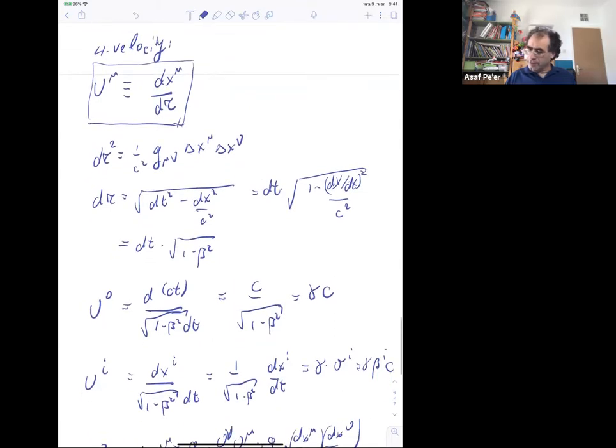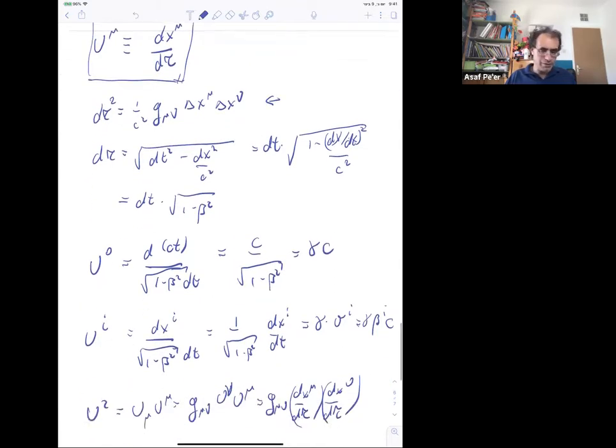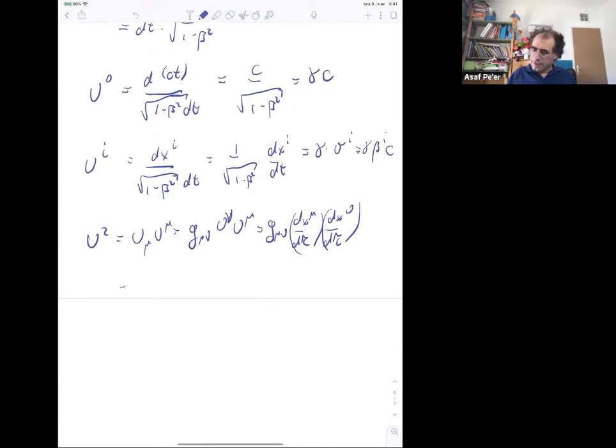Now I'm going to make use of that d tau squared. Simply write it down as g mu nu dx mu dx nu over d tau squared. It'll be cheating, not too much. But this is just c squared, that's all.